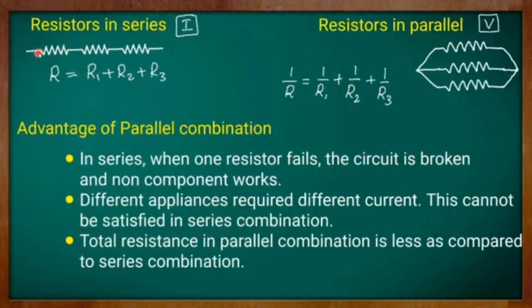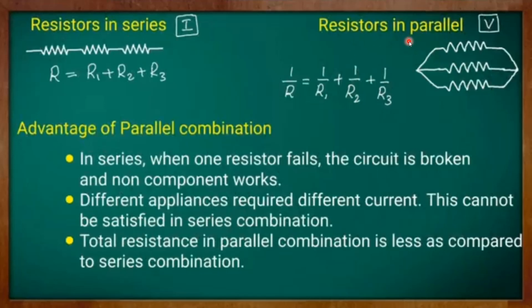But the current which passes through the resistors in the case of series is the same. So whatever current is passing through the fan, the same current will pass through the AC cooler and the same current will go to the bulb also. Whether it requires it or not, the same current has to pass through. So that's why resistors in series are not applicable for the connection of home appliances.